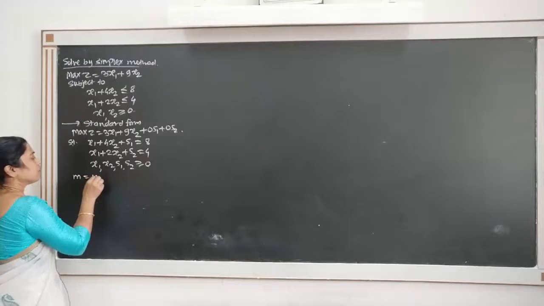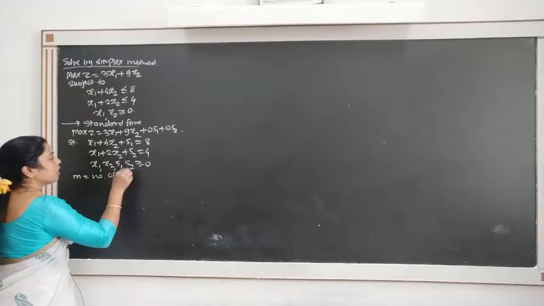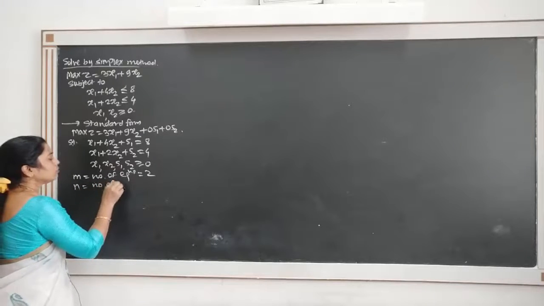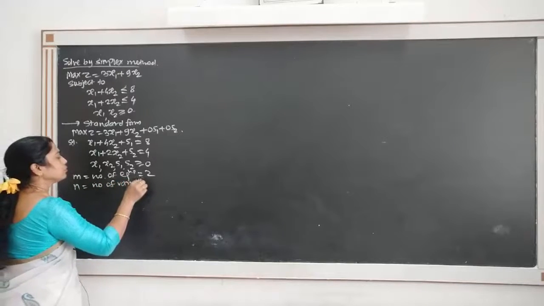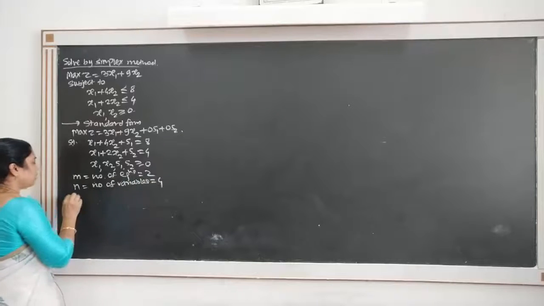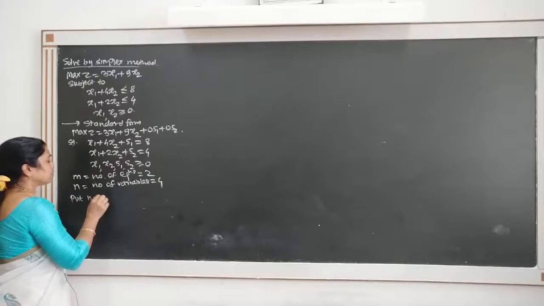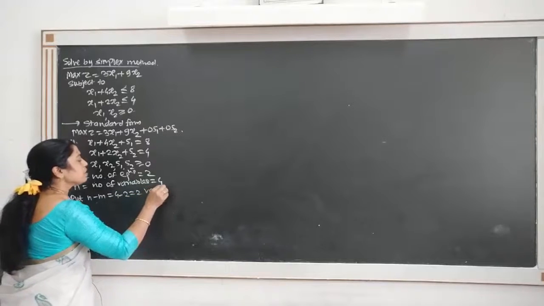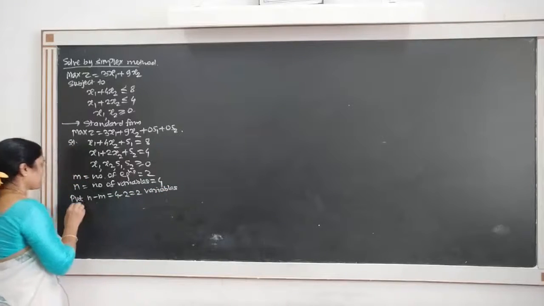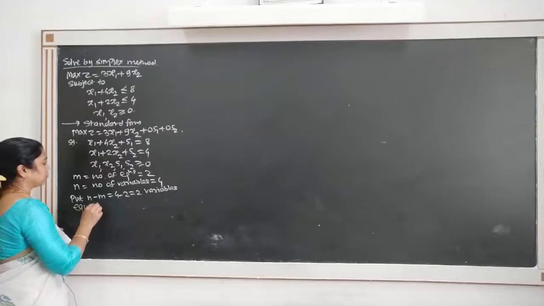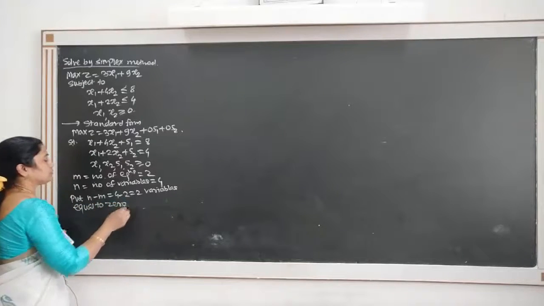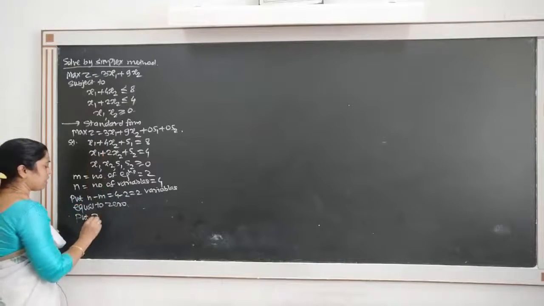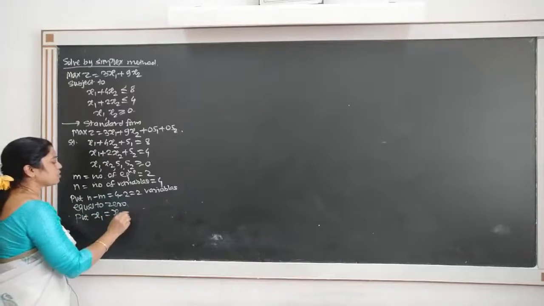M, that is the number of equations, is 2, and n, that is the number of variables, is 4. We put n minus m, that is 4 minus 2, that is 2 variables, equal to 0. Therefore, we put the original variables, that is x1 and x2, equal to 0.